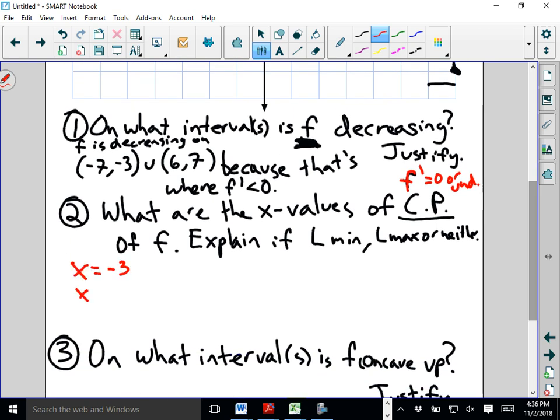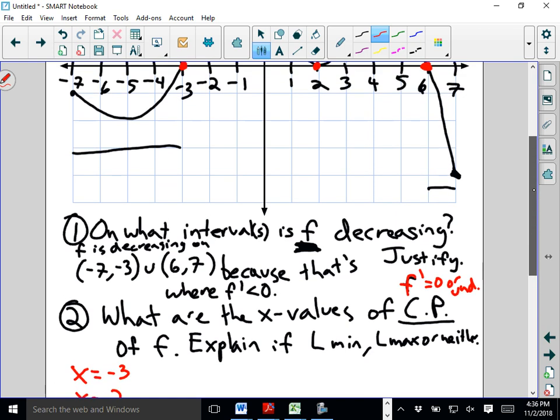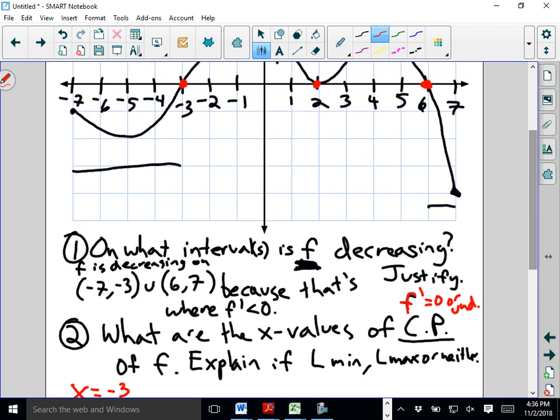Now I need to determine if they are local min, local max, or neither. Well, let's start with x equals -3. I know from my definition, a local min is when f prime switches from negative to positive, minus to plus. On the left side of -3, our f prime is a negative number. Our function is decreasing, approaching -3 from the left side.